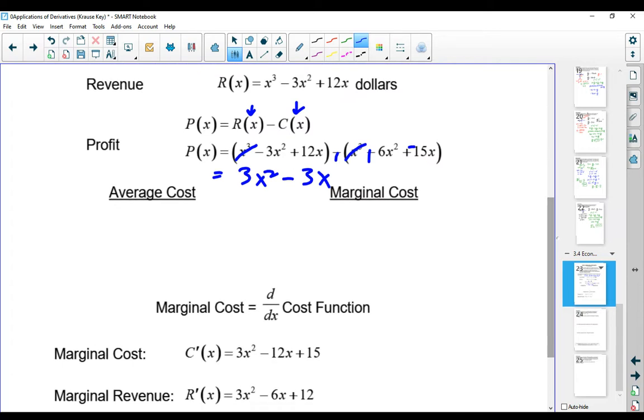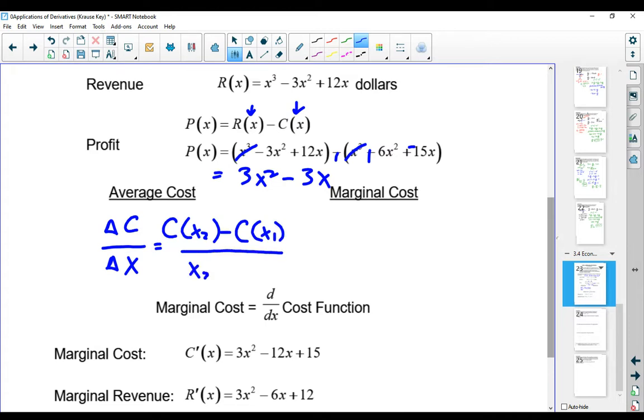When we were doing other applications of derivatives, we were looking at average versus instantaneous. Well, average cost would be the change in cost divided by the change in the number of items, or C of x2 minus C of x1 all over x2 minus x1. So essentially what you're looking at is the rate of change of cost. Marginal cost is what they talk about when we're talking about an instantaneous change.